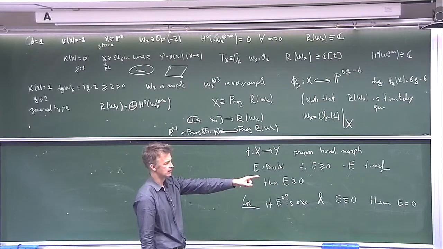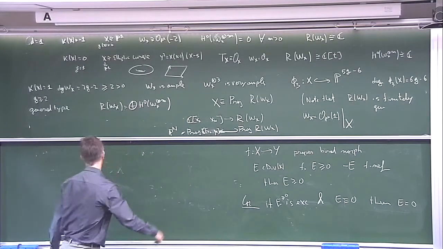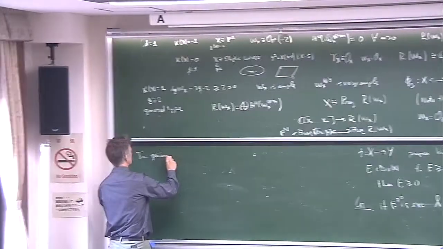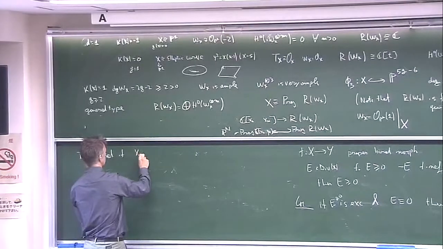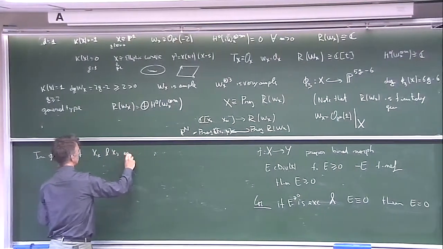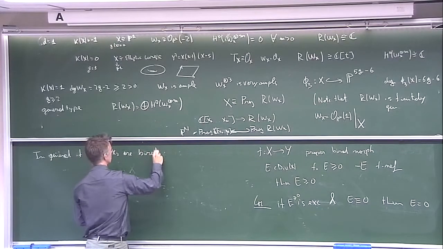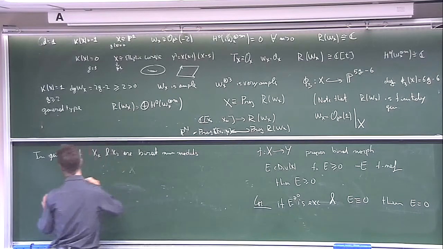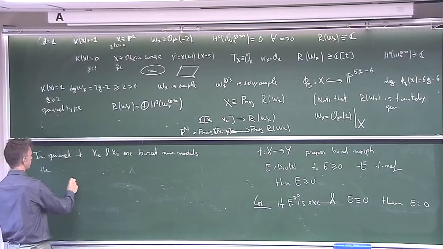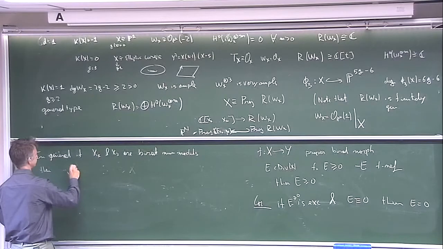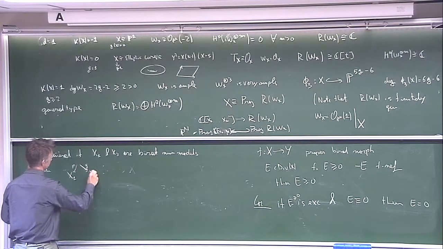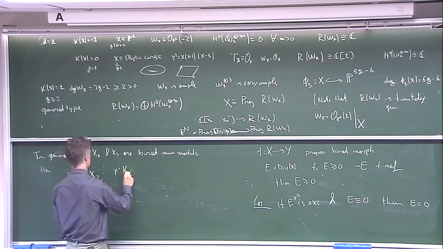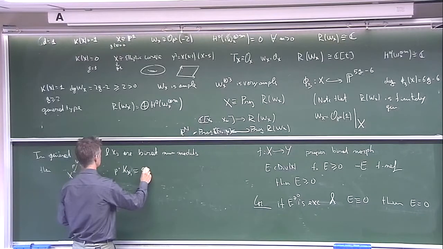And maybe I should sort of, the argument that I gave there in general, if X1 and X2 are birational minimal models, then when I take a common resolution, they're isomorphic in codimension 1, and when I take a common resolution, P upper star of K of X1 is always the same as Q upper star of K of X2.